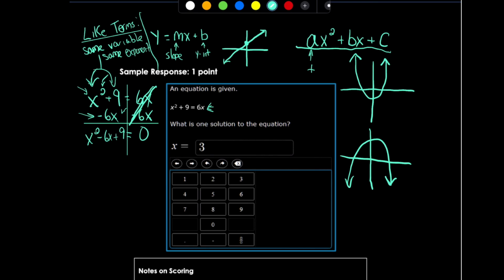There's two things you could do. You could either A, factor it, which is something that we're going to cover a lot, probably in your 10th grade year. Or B, there's the quadratic formula, which again will be something we cover in 10th grade probably.